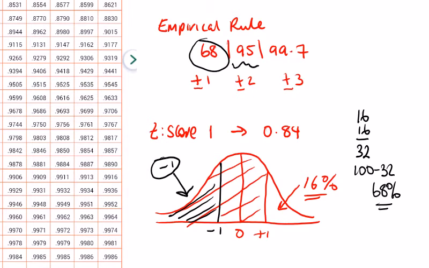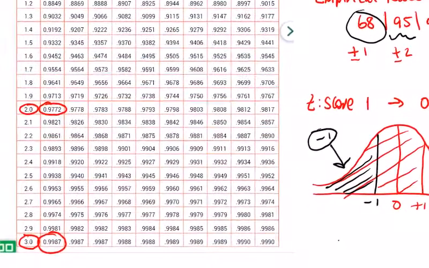You get the same maths involved when you do 95%. The tail at the end here is 2.5% to give us the two tails being 5%, and we look at that now at number 2. We can see here 0.9772, so about 2.3%, and when we multiply it, we won't get exactly 2, it'll be closer to. So where will we get exactly 2?